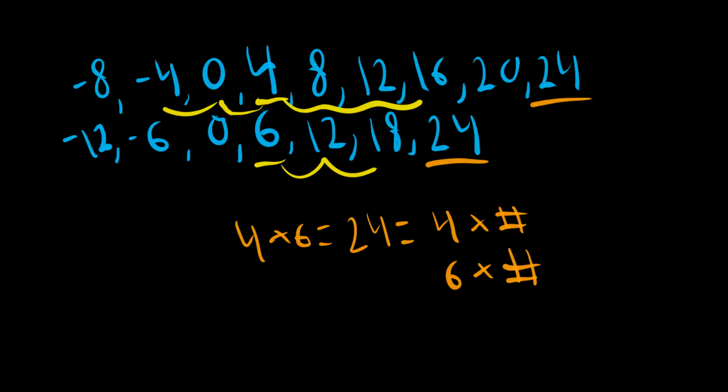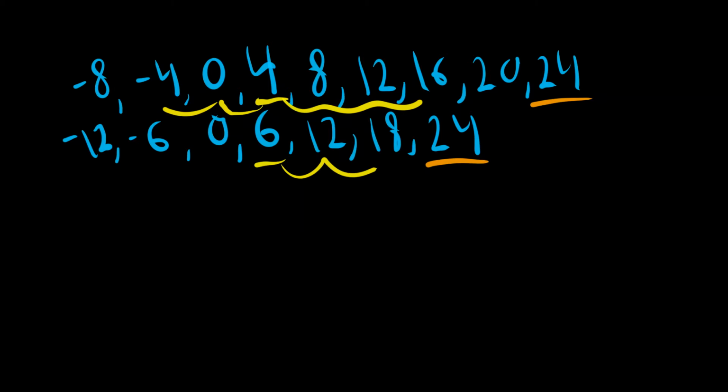So 4 or 6 multiplied by a whole number, we could get 24. But how about 12 as well? 12 is a common multiple of 4 and 6.